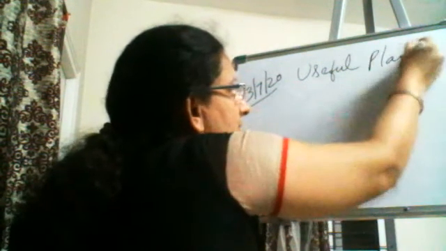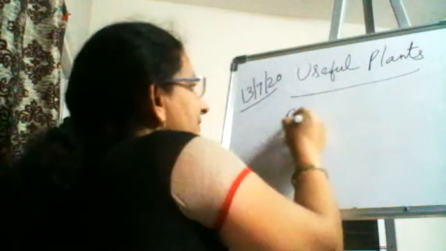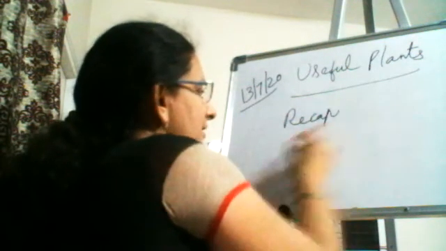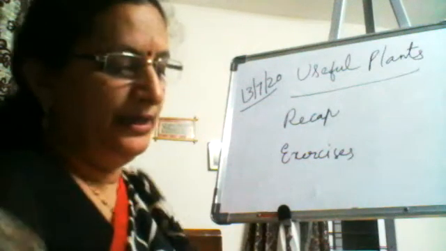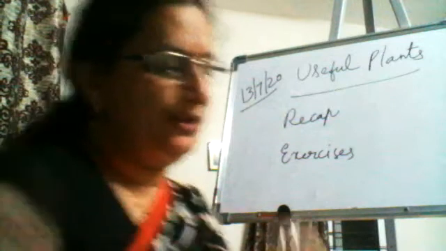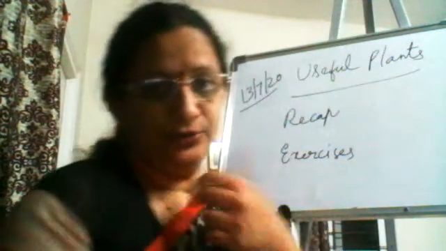So open to the textbook, a quick recap, and then we will do the exercises. Okay, and I might give you the new words also so that you can copy down into your classwork.